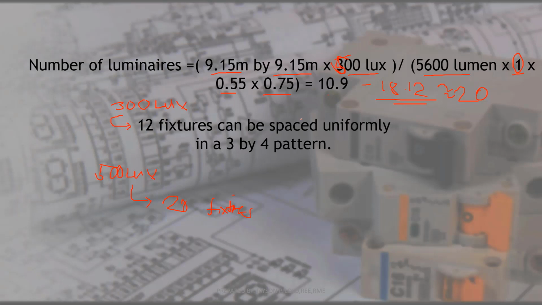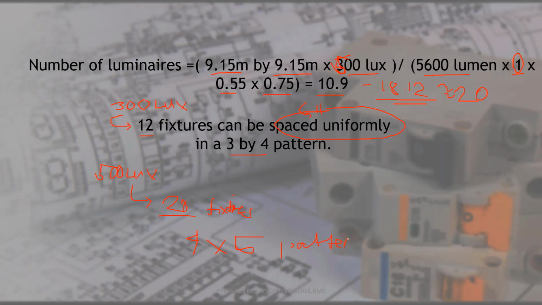We need to space it uniformly. So from 10.19, if you round off, it is 11. But the question is, how can you space it uniformly? So you need to make it 12 so that you have a pattern 3 by 4. While these 20 fixtures, you can pattern it 4 by 5.